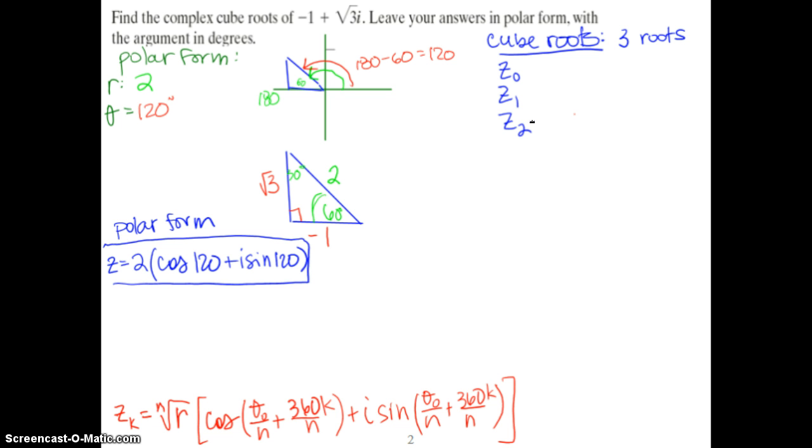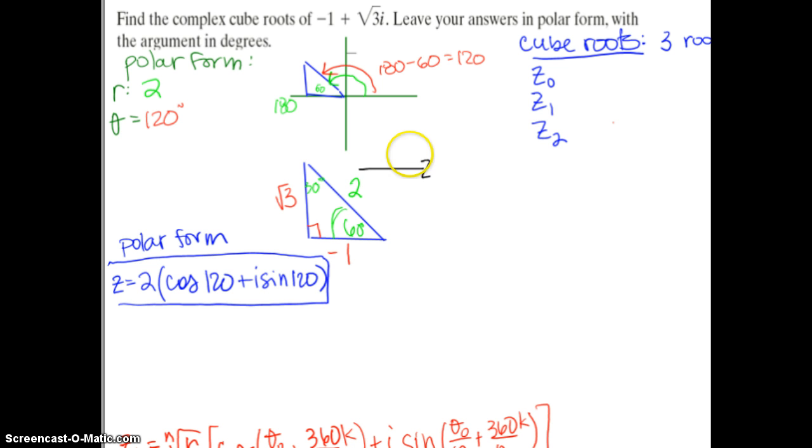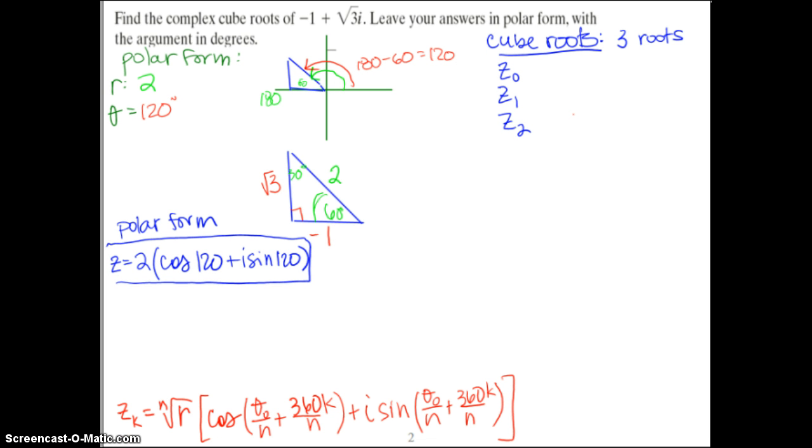Okay, so once we have that mapped out, let's go ahead and write out the generic equation for these cube roots, z sub k, that actually applies to this particular case. Our screen is freaking out on me here. Okay, I hope that's a little bit better. So if we're gonna write out the generic z sub k formula for this particular situation, I'm referring to this formula right down at the bottom.